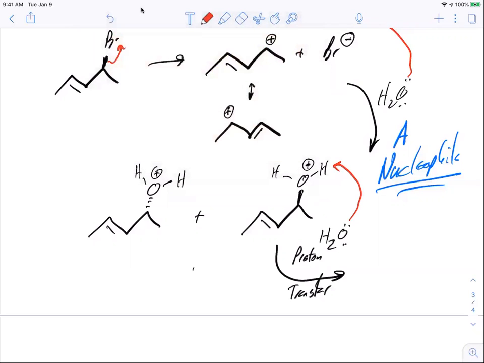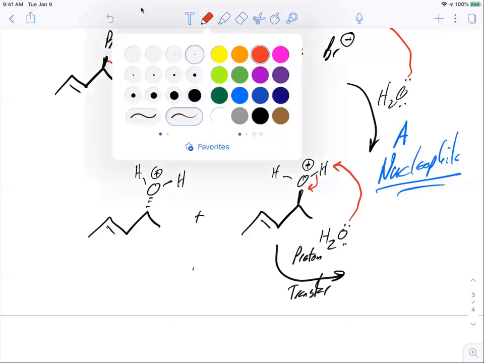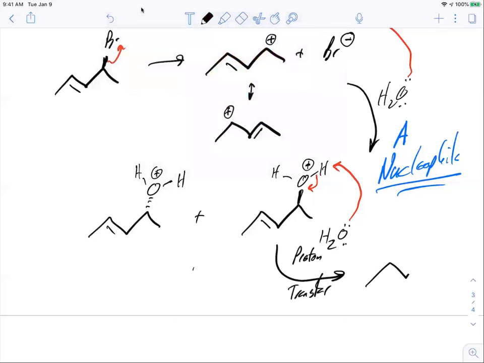And proton transfer is just a fancy name for an acid-base reaction. So the base is going to come and pull off the proton to give me my product.